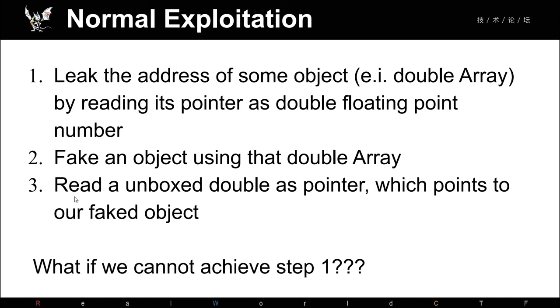In the third step, we read an unboxed double as pointer, which points to our faked object. So in this step, we regard an unboxed double floating point number as a pointer. So the problem is, what if we cannot achieve step 1, which is the case in this vulnerability?